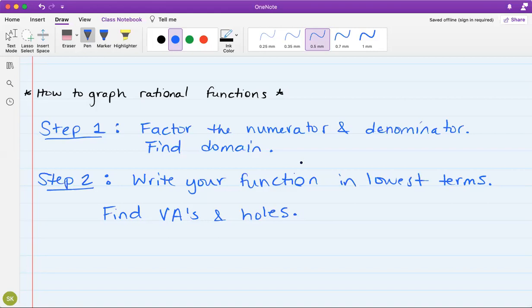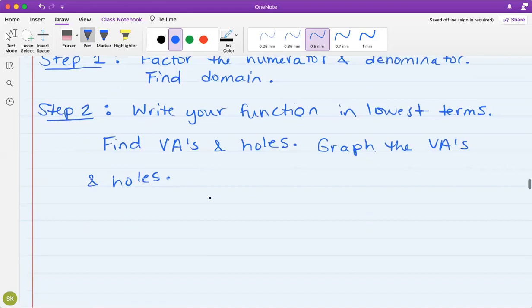So once we find the vertical asymptotes and holes, we want to graph the vertical asymptotes and holes. And these vertical asymptotes will break your graph into sections.